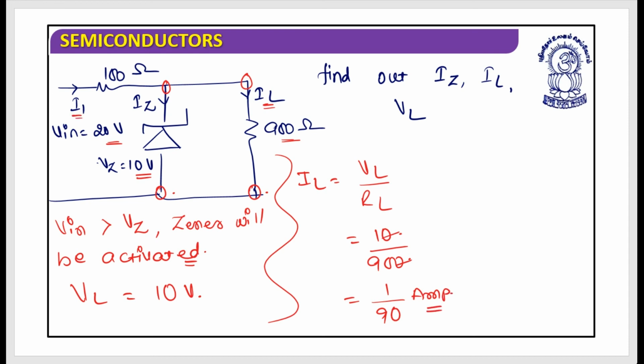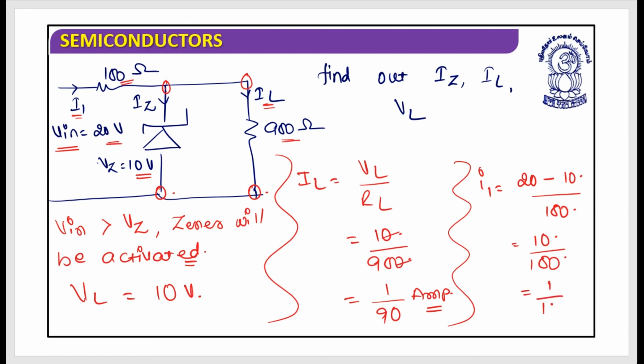Now let's calculate the I1. How will we do this? The voltage here is 20 volt. The voltage at this end is 10 volt. So I1 equals 20 volt minus 10 volt divided by the resistance, which is 100 ohm. So this is 10 divided by 100, which equals 1/10 ampere.